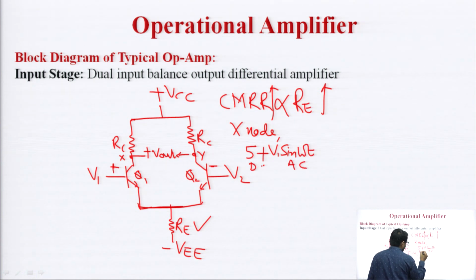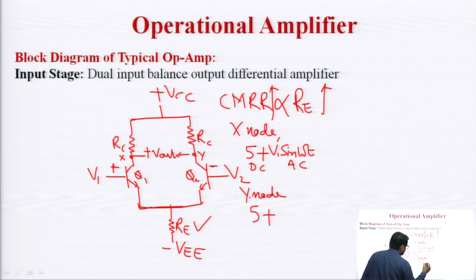Similarly, the Y node also has 5 volt DC and V2 sin omega t.